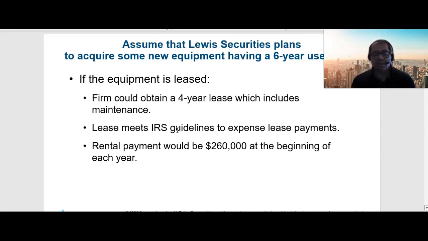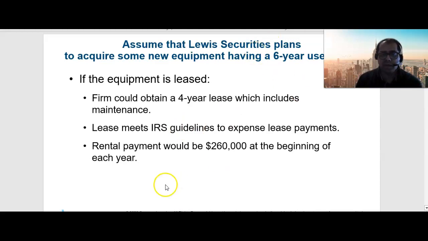So here let's consider an example. There is this company called Lewis Securities, and they have two options. One is that they can either lease the equipment or they can own the equipment. So here's the example. If the equipment is leased, the firm could obtain a 4-year lease which includes maintenance.